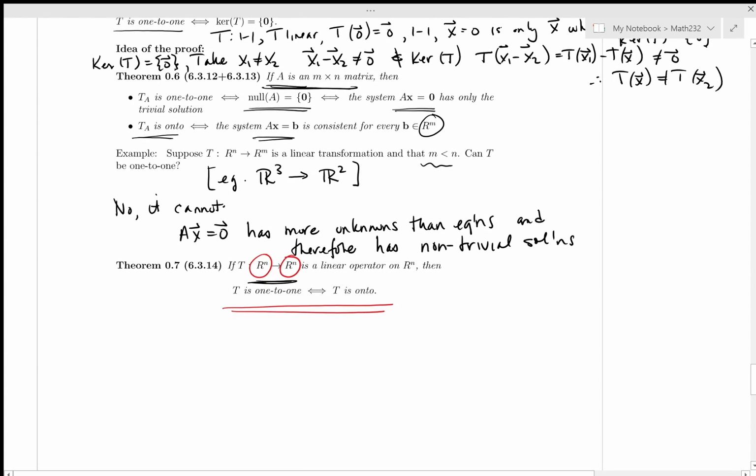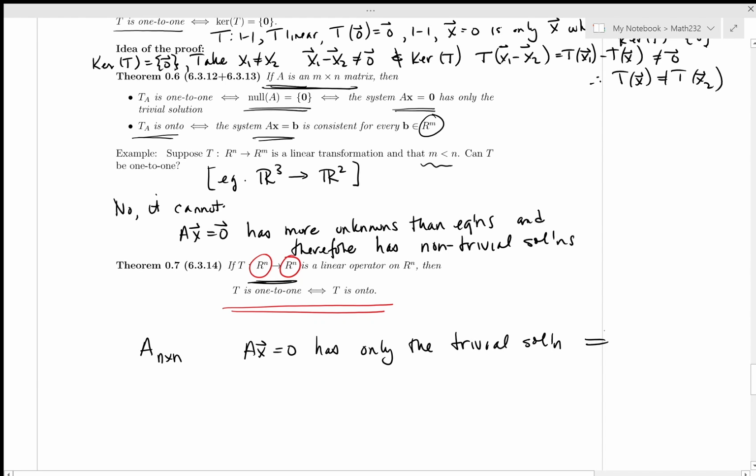So what is this a restatement of? Really, this is a restatement of this. Imagine A is n by n. We have a square matrix, and we have AX equals 0 has only the trivial solution.